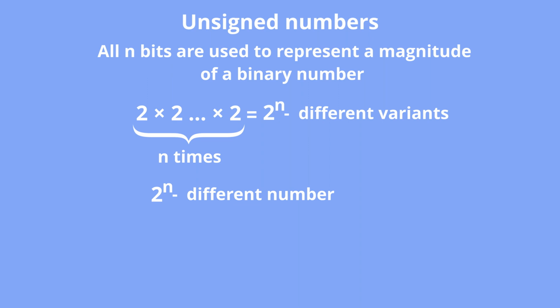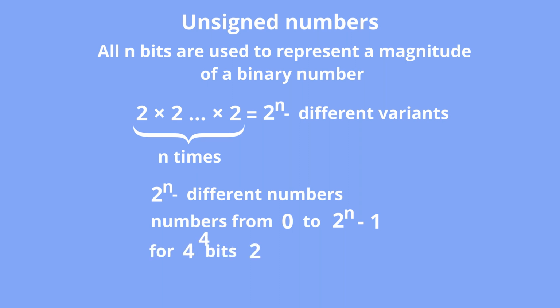And because the first number is 0, the maximum number is 2 to the power of n minus 1. Thus, using n bits, we can represent unsigned binary numbers from 0 to 2 to the power of n minus 1. For example, for 4 bits, there are 2 to the power of 4, which is 16, different numbers. So numbers from 0 to 15 can be represented using 4 bits.